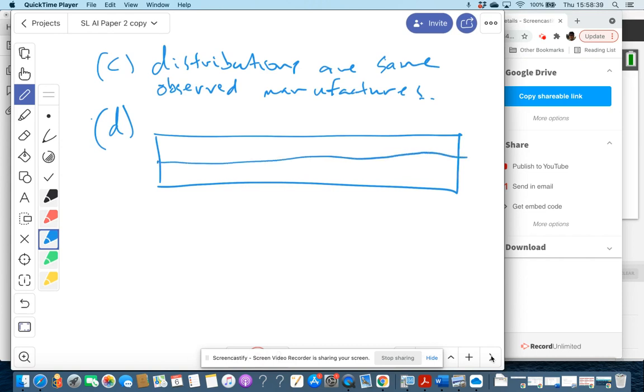So the colors are brown, red, green, orange, yellow, purple. I ran out of room.